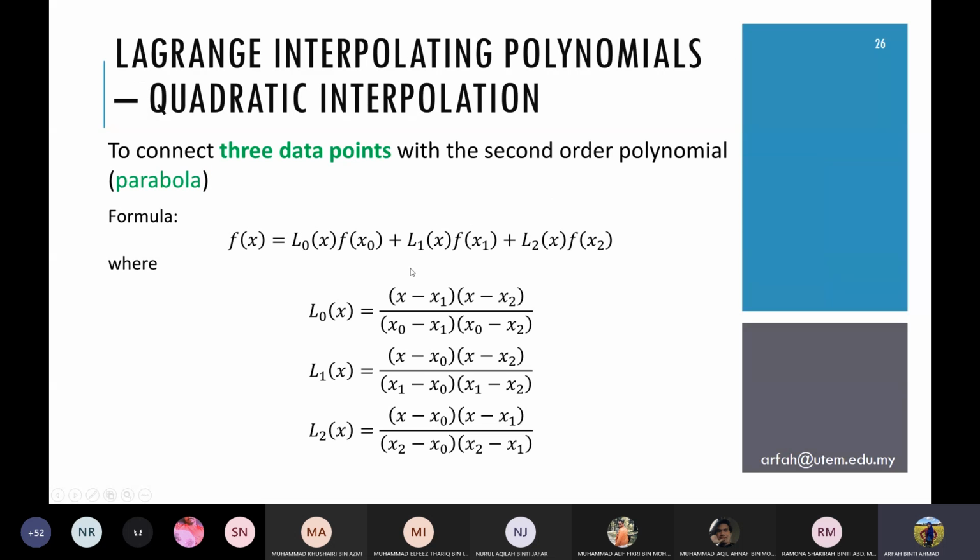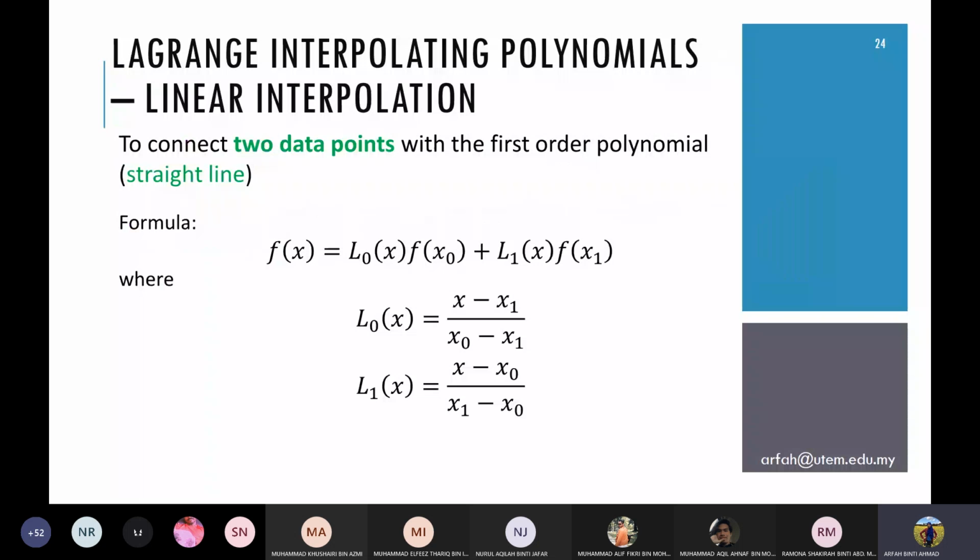Okay. So kita nak tengok quadratic Lagrange interpolation. For quadratic Lagrange interpolation, it will be used to connect 3 data points with the second order polynomial. Okay, the parabola. So kalau untuk first order interpolation, you have only L0 and L1.